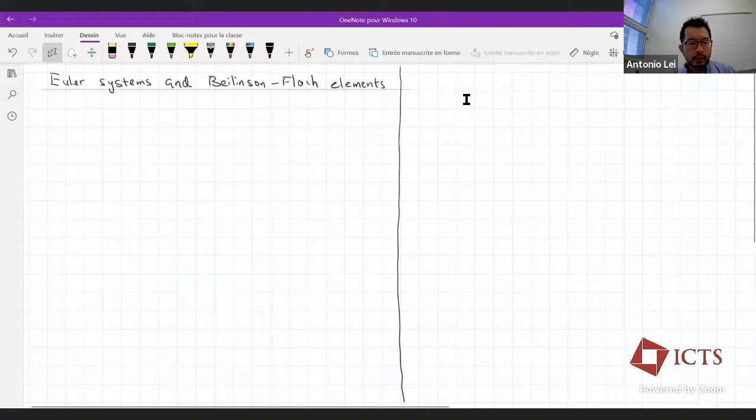So I want to talk about Euler systems and Beilinson-Flach elements. I want to begin with cyclotomic units. When you look into the literature of Euler systems, quite often you will see the definition, which is at first sight maybe a little bit technical, and you might ask, why do we define these Euler systems in this way?